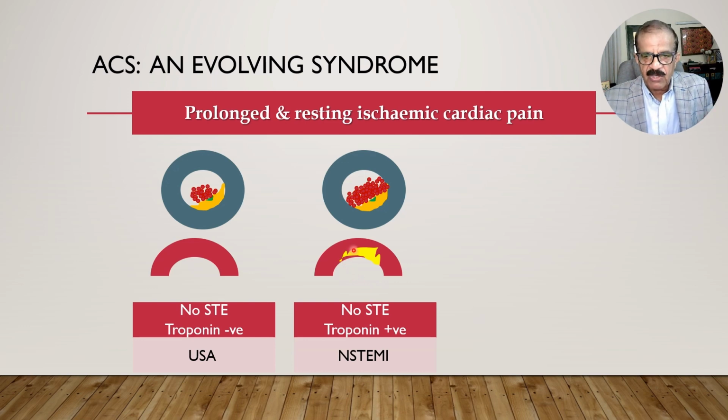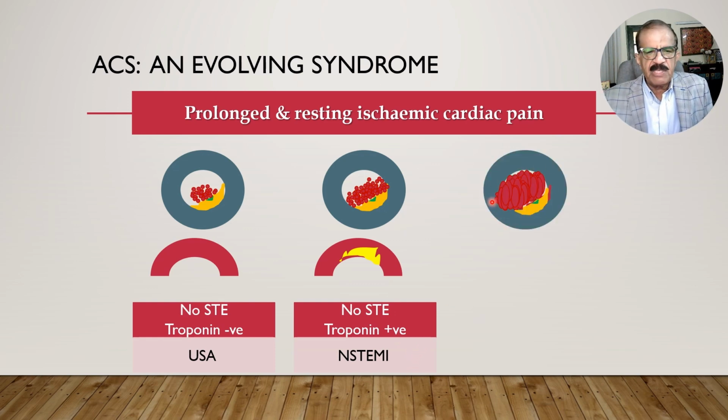But since this is infarction, troponins will be elevated. So this is called NSTEMI, non-ST segment elevation myocardial infarction. Okay. So if troponins are positive, then you can use the word myocardial infarction. When troponins are not available, you would use the word acute coronary syndrome.